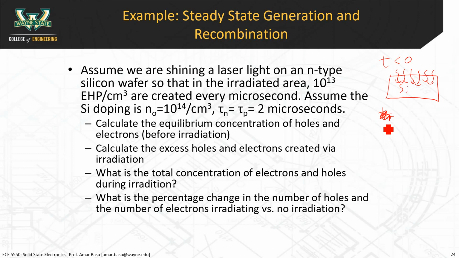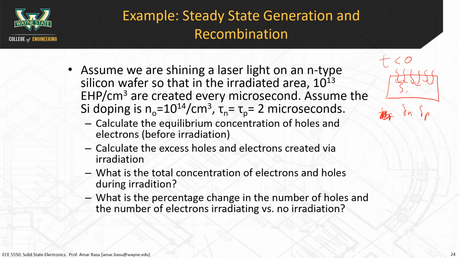We shine the light on the material, and we create electron-hole pairs, so we create excess carriers, delta n and delta p. At t equals 0, we'll get to that in a second.